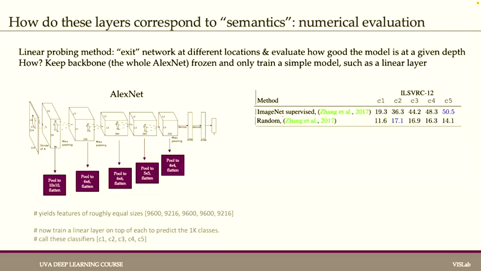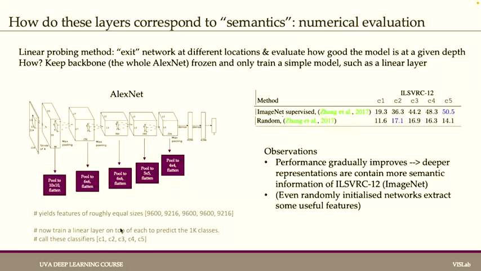You get 11%, where chance performance on ImageNet would be 0.1%. I mean, you wouldn't expect chance, because you're at least training a linear layer. But you actually get some non-negligible performance of 17.1. So what you see is deeper representations, not only from the qualitative side, but also from the quantitative side, contain more semantic information, and even randomly initialized neural networks extract some useful features.